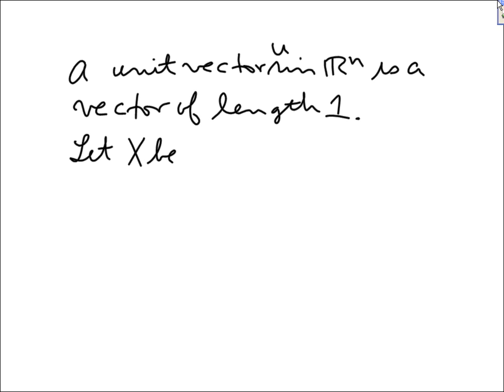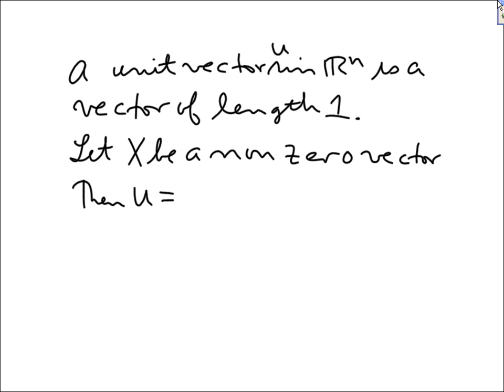Let x be a non-zero vector. Then if we define vector u to be x divided by the length of x, then u is a unit vector, but it's more than that.